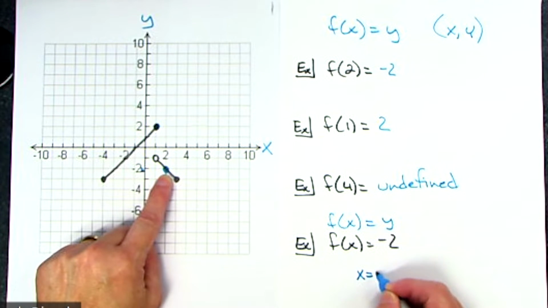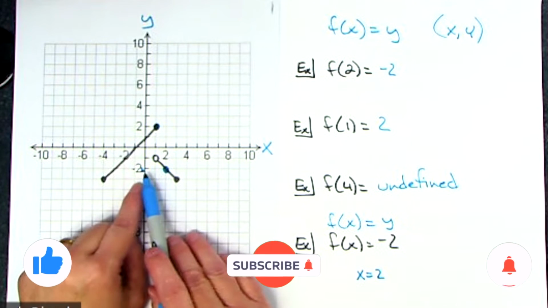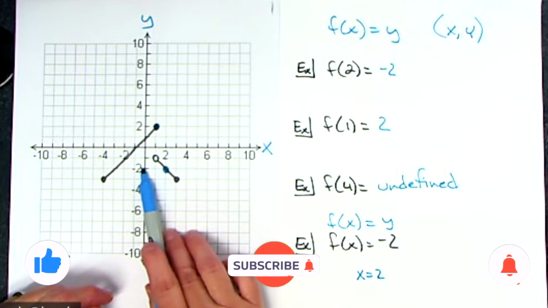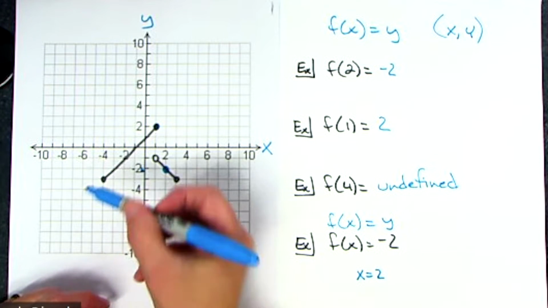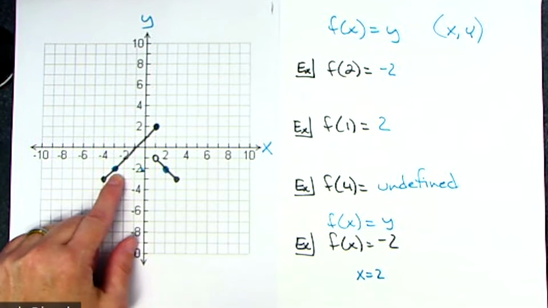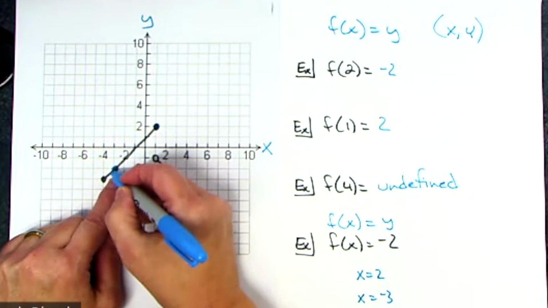So x could be 2, because if I do 2, -2, that's a point on the graph. Now, is there possibly another one? Yeah, you got to look really good, because I could go to the left and also get that point right there, and that is an x value of -3, because there's 2 points on there, -3, -2.